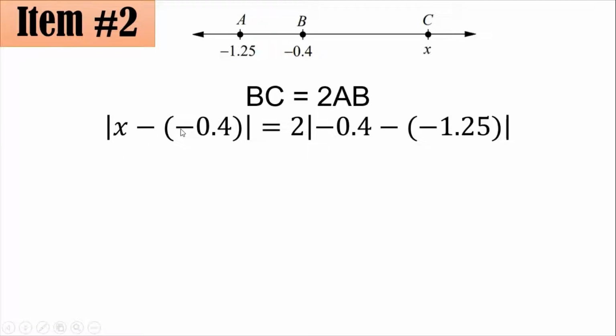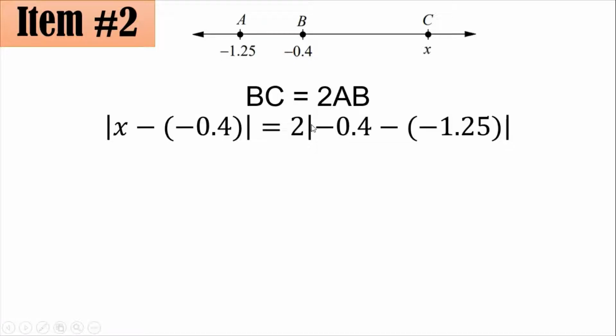And that is the absolute value of the difference of the coordinates. So that's why the distance BC is x minus negative 0.04, which is twice the distance of AB.